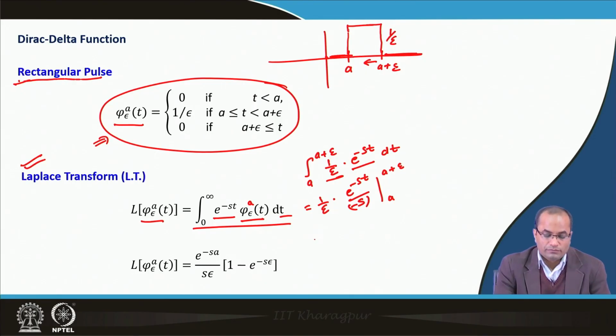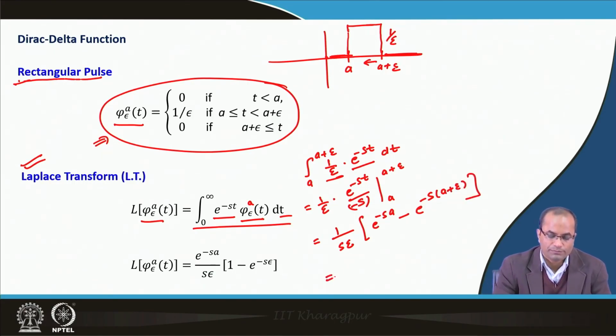So, here we have 1 over s epsilon, the minus sign we will adjust now. First we put the limit a, so e power minus s a, and then we have minus e power minus s times a plus epsilon. So, e power minus s a is common over s epsilon, then here we have 1 minus e power minus s epsilon.